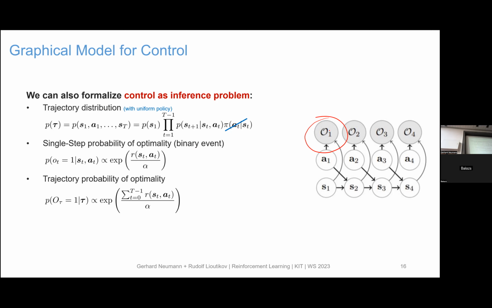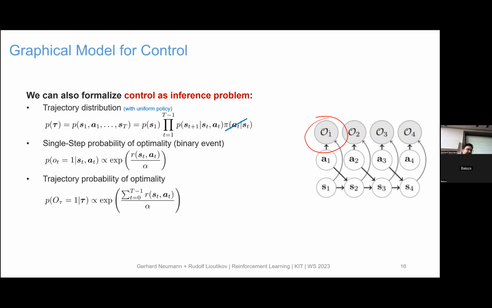Basically, assuming that we see the optimality event at every time step, so we are optimal at every time step, we want to know the state and action distribution. This is the inference problem: the probability distribution of state and action given that we are optimal.